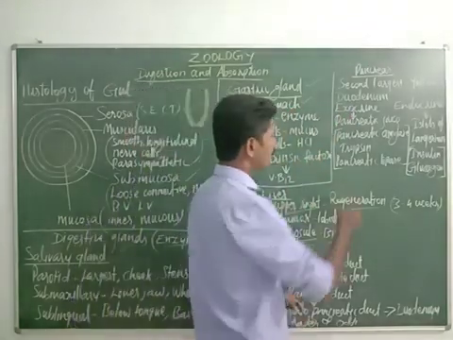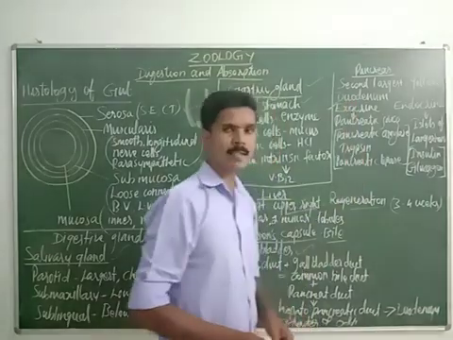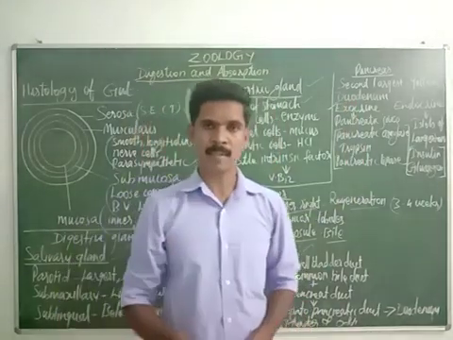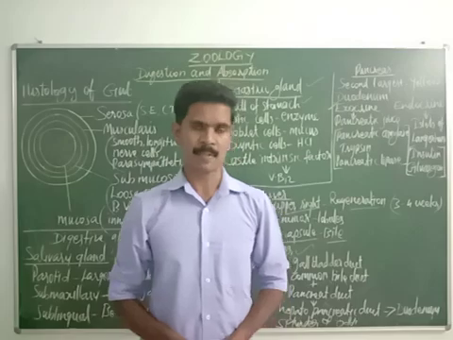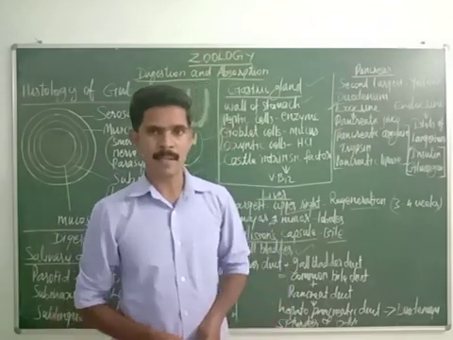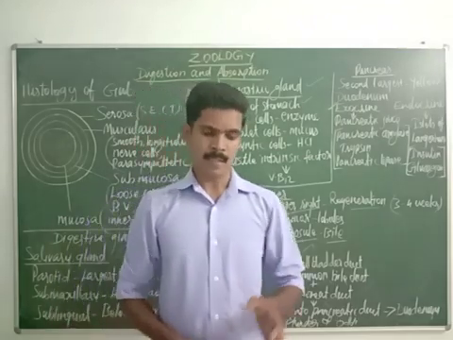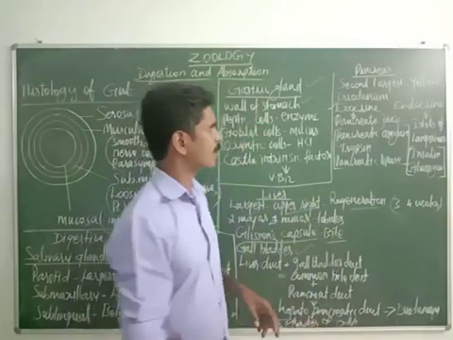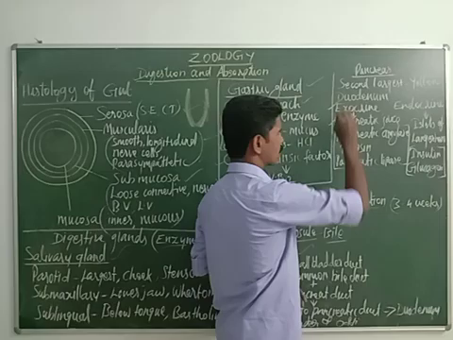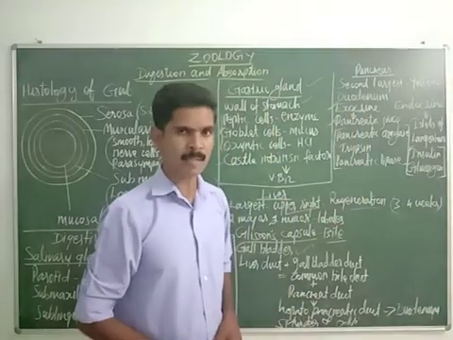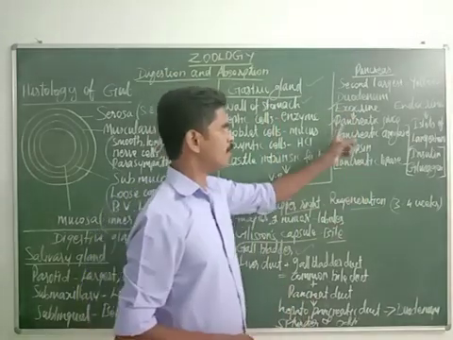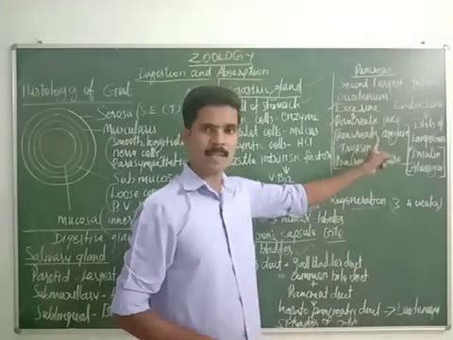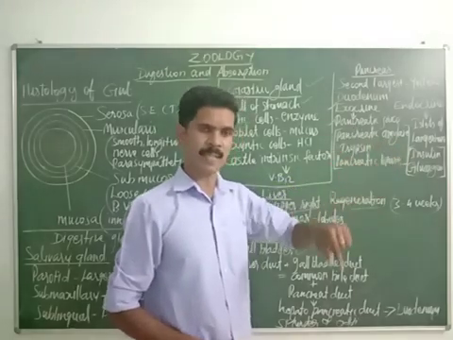Then the next point: the pancreas acts as both an exocrine gland and an endocrine gland. The exocrine portion of the pancreas secretes pancreatic juice, and this pancreatic juice consists of many enzymes.